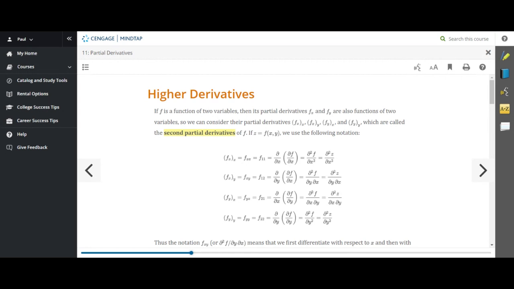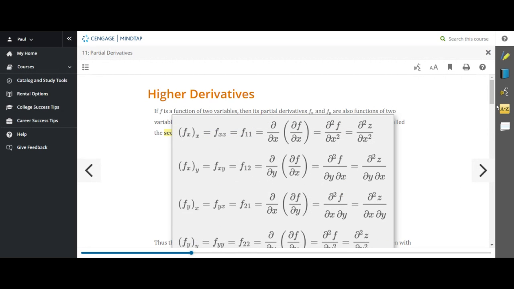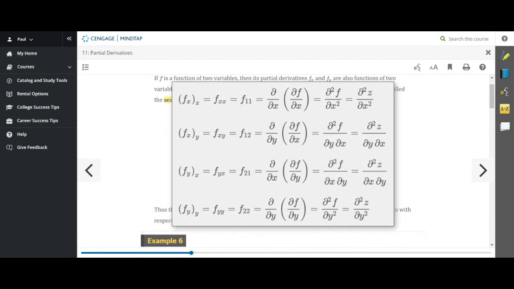And so you have all this notation here for second partial derivatives. You have Newton's notation, and then you have the Leibniz notation. So they have these different kinds of notations because in certain situations, one notation is more convenient than another.